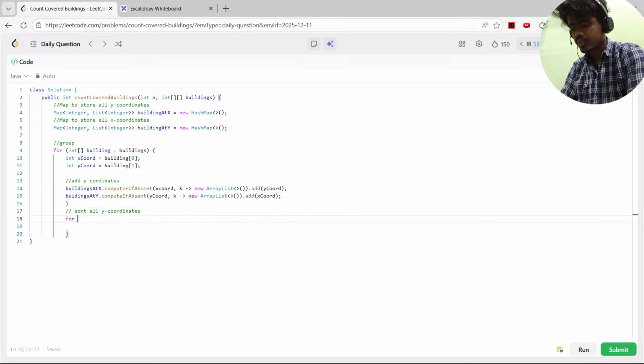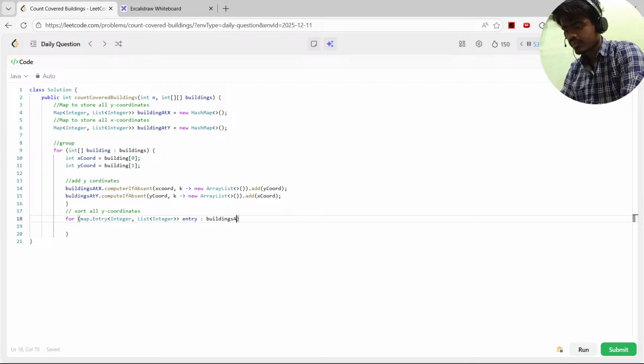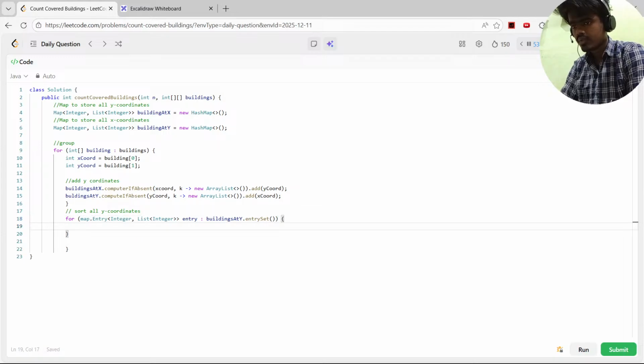So this for map dot tree map, list, integer.